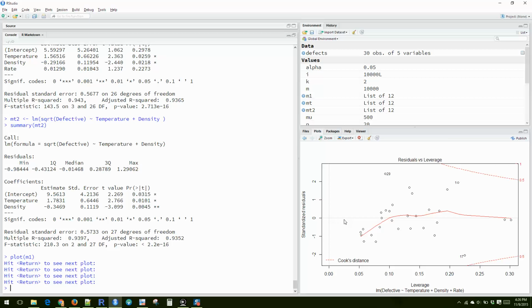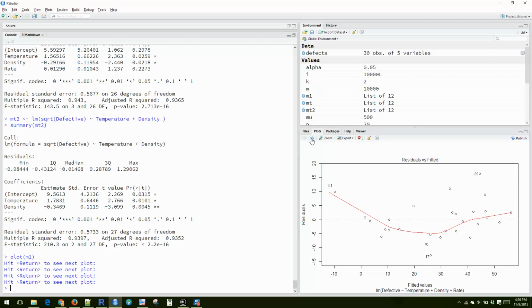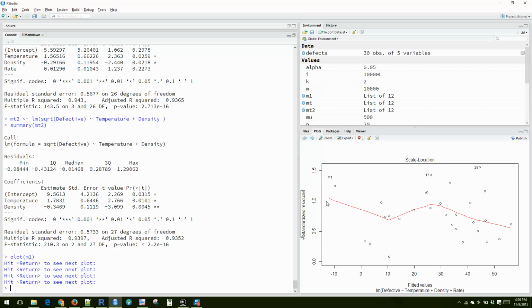Yes? The scale-location line is flat, but it's not in the middle of the graph. Flat, but maybe it's in an upper area. That should be fine. I'm imagining you just have a few standardized residuals that are incredibly small, whereas most of your residuals are up here or something.